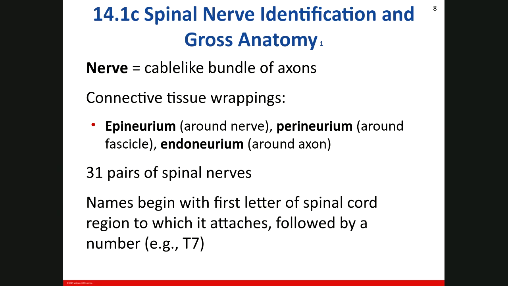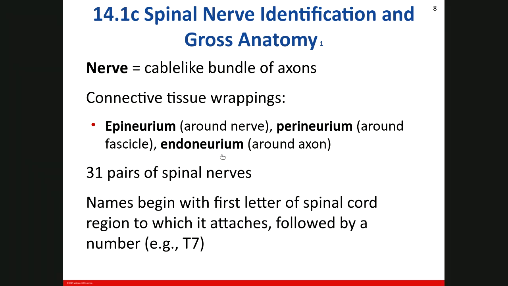The meaning of nerve is here. The nerve is a cable-like bundle of our axons. And you remember that we have some tissue wrapping around our nerve. Each axon is covered by areolar connective tissue, which we call endoneurium.